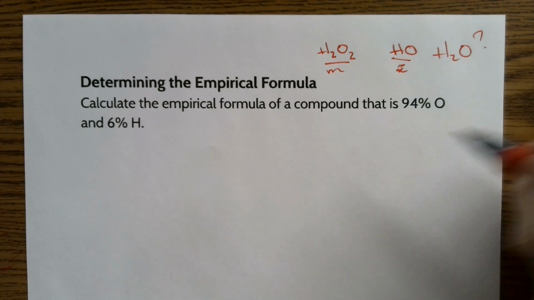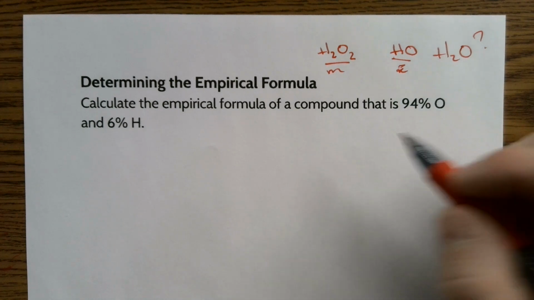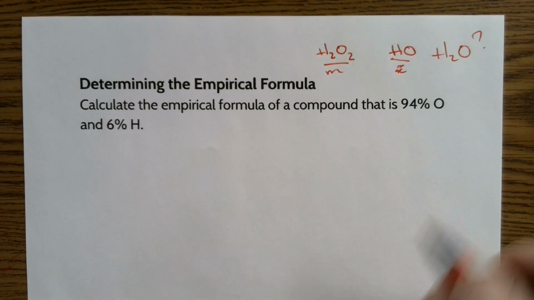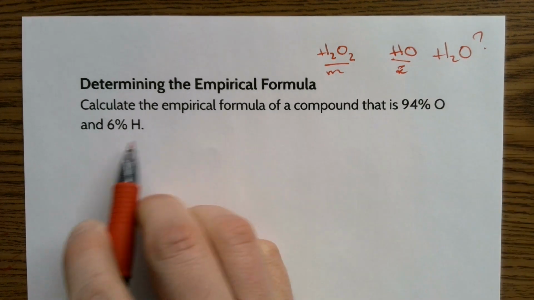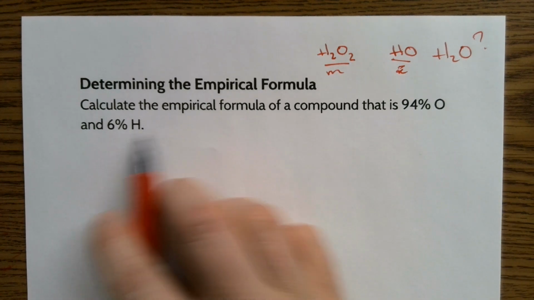So when we calculate this, we want to suppose that we're working with 1 mole of everything. When we're working with problems, we always want to assume that we're working with just a mole of it, just for the sake of doing the calculation. So we're going to pretend that we have 94 and 6. You see what they add up to?